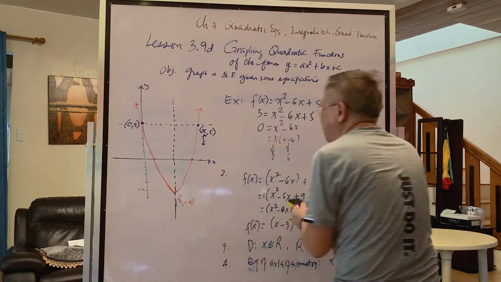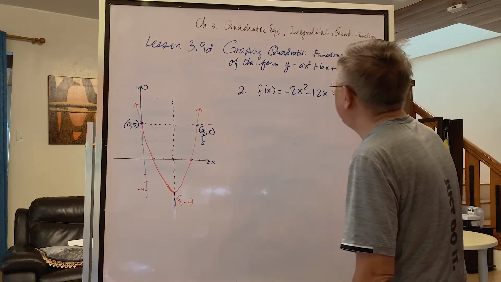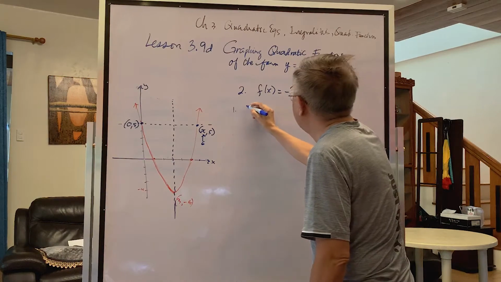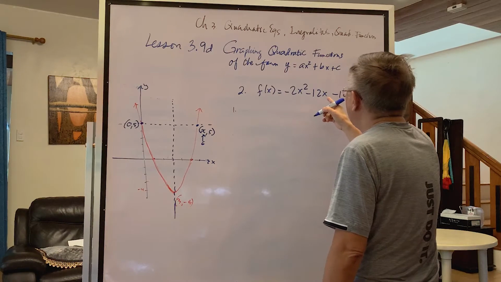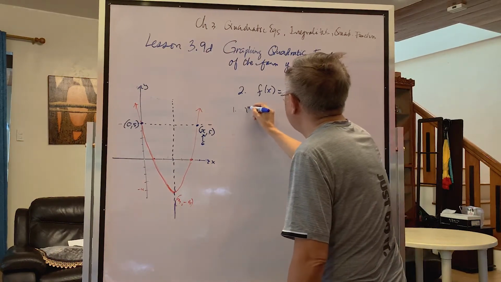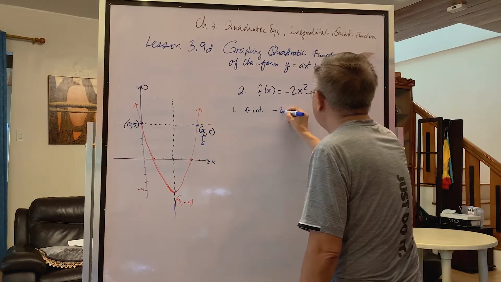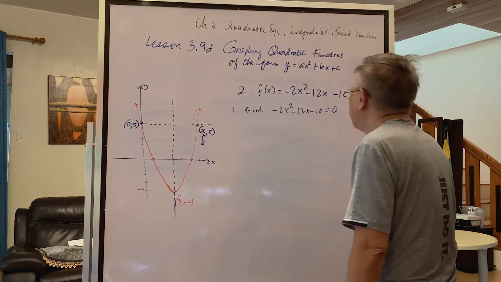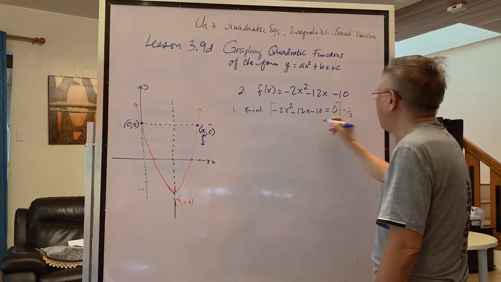Let's have another example. For number 1, what will be my x-intercept? I can equate this to 0. So I'll be solving for the x-intercept. I will solve this equation, equate that to 0, and I can multiply everything by negative 1/2.